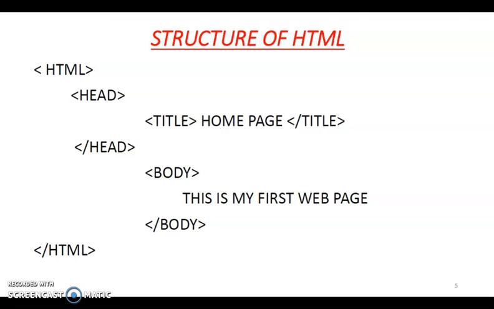Now you can see the structure of HTML. The first one is your HTML tag. Whenever you write the HTML tag, it shows that your HTML program has started. After that you have a head tag. Head means your header section.